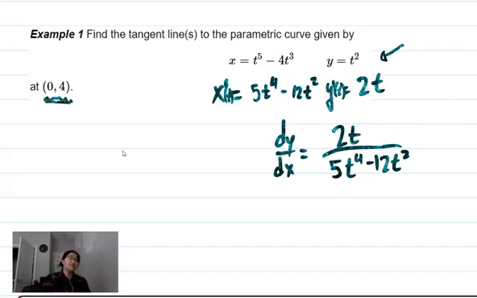Because we're looking to deal with (0, 4). So x is 0, and y is 4. So when is that going to happen? Well, we need to look at our original parametric equations to figure that out.